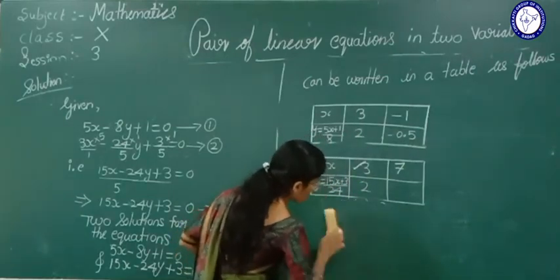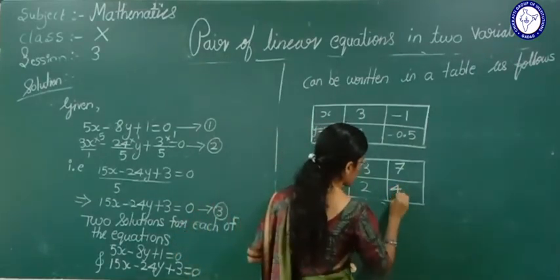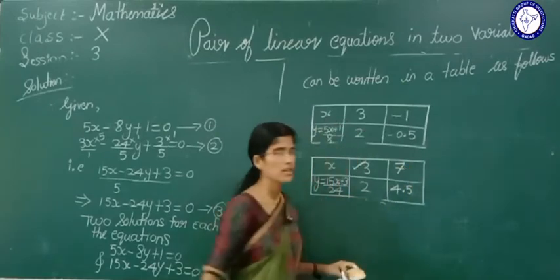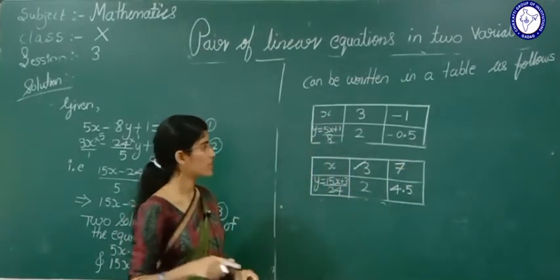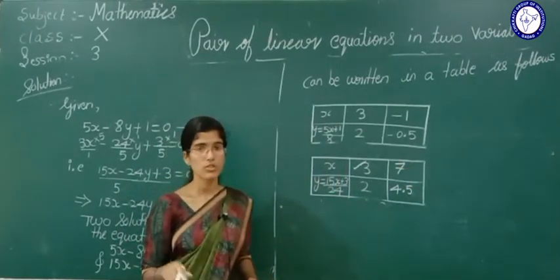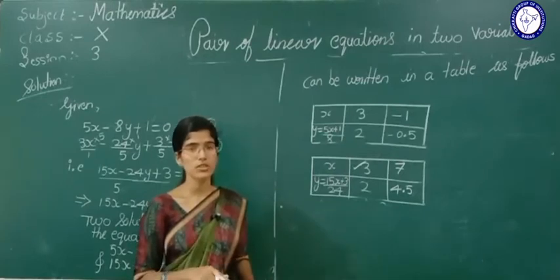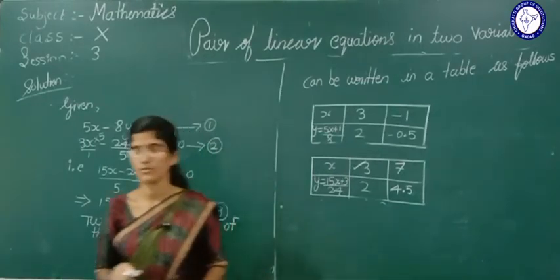What I got is the value 4.5. Now this we will plot in a graph and we will see whether it has no solutions, infinitely many solutions, or a unique solution.